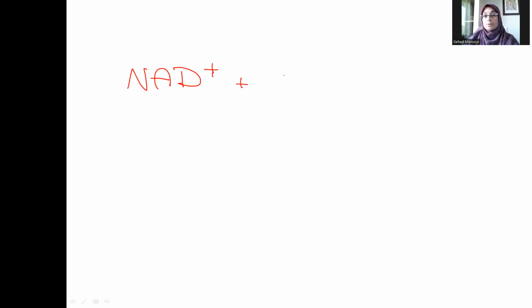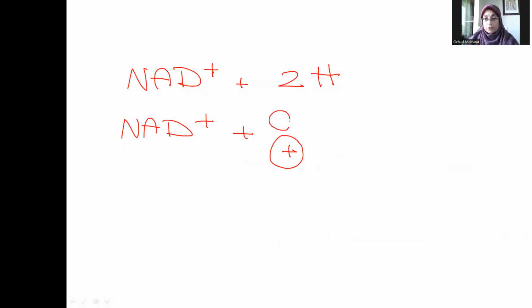So when it gains 2 electrons from the carbon skeleton of glucose, actually we can write it like this. We can represent every hydrogen atom as a proton in the nucleus of the hydrogen atom and the electron outside. So this is the first hydrogen atom and this is the second hydrogen atom.